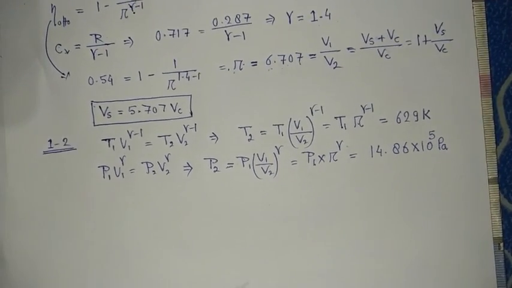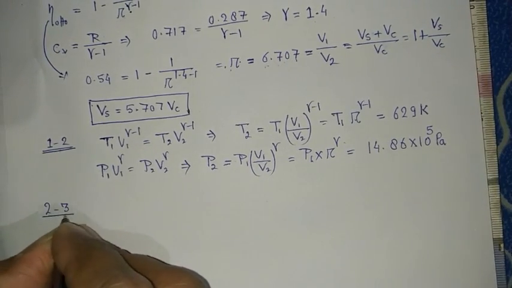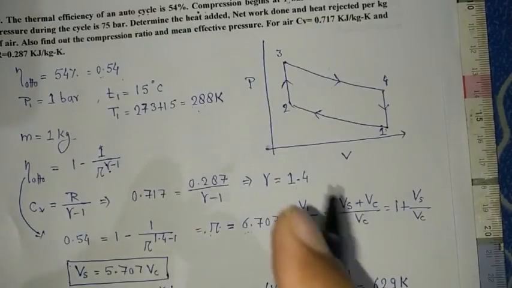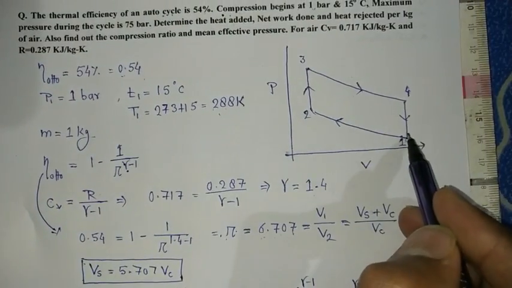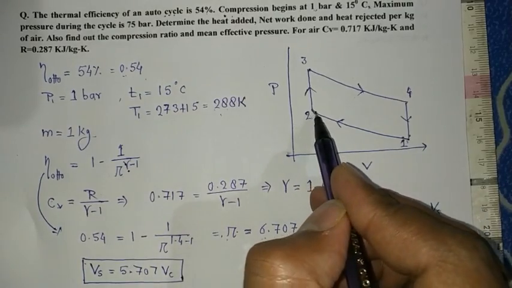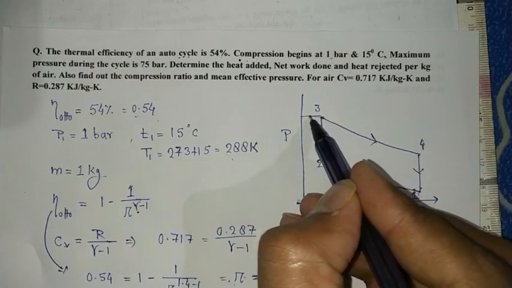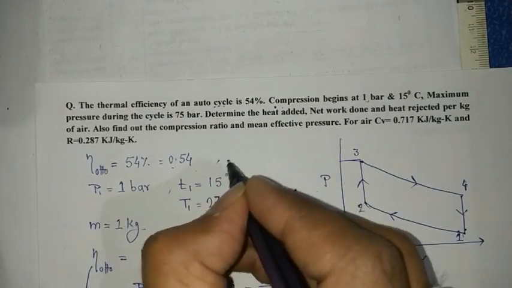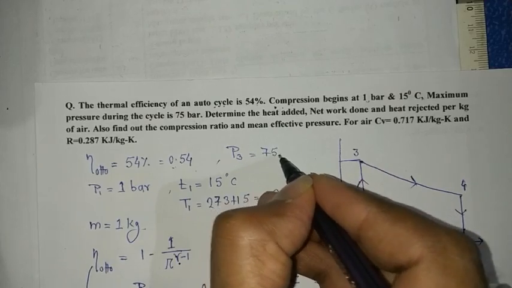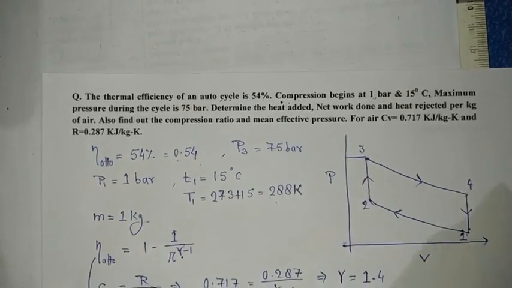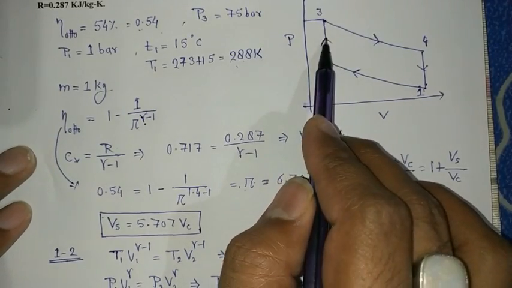Okay. Now for process 2 to 3. See, in the question it is given that maximum pressure during the cycle. So from the PV plot, we can find out at which state the pressure is maximum. It is state 3. So the pressure value of state 3 is given as 75 bar. Now process 2 to 3 is constant volume heat addition.